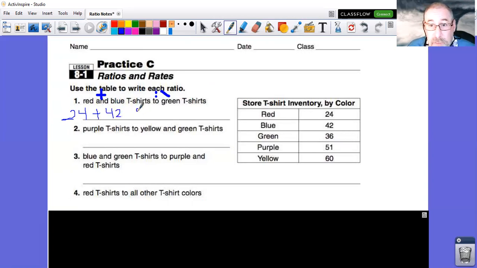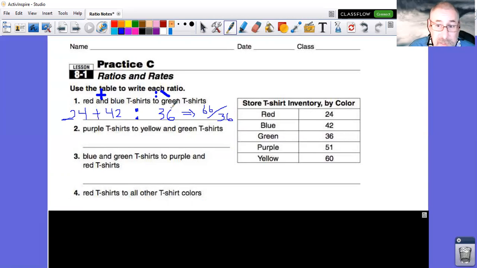And then we're going to simply put our to and our green shirts, which is 36. So now we're going to add those values. 24 plus 42 gives us 66 to 36.